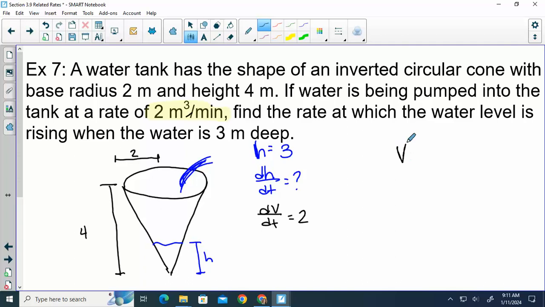Volume of a cone is 1/3 pi r squared h. Volume of a cylinder is pi r squared h. A cone is 1/3 of it.